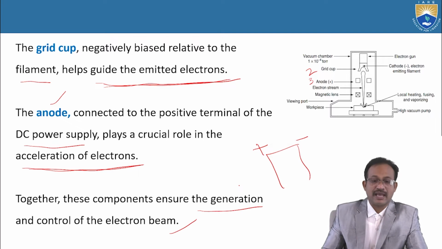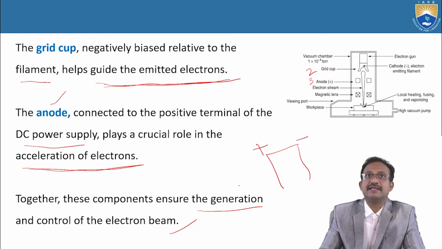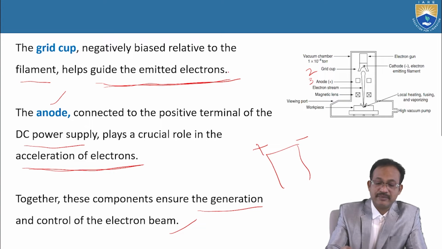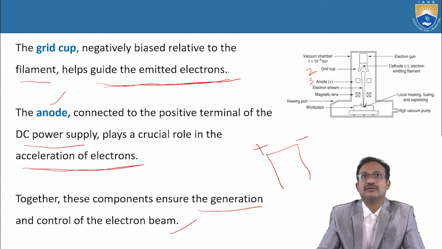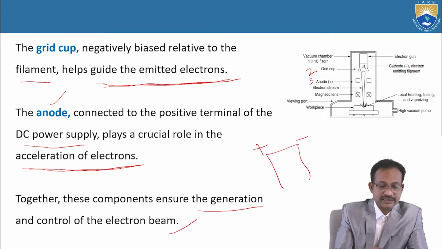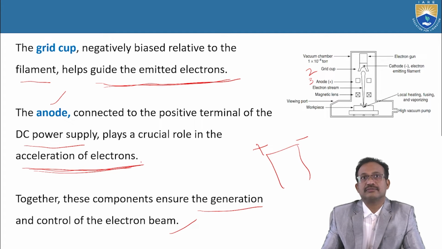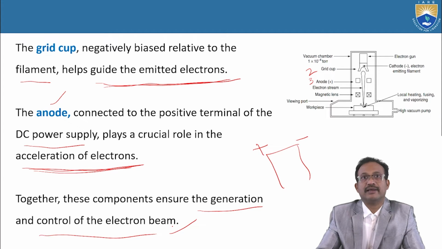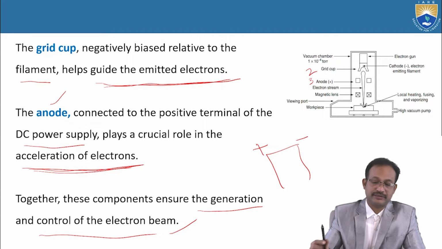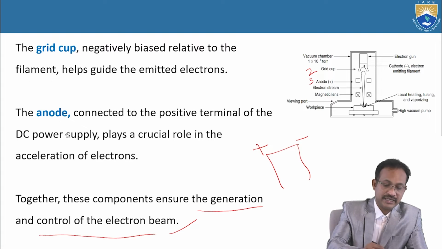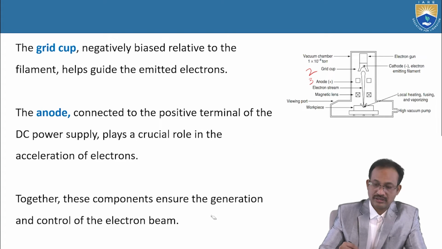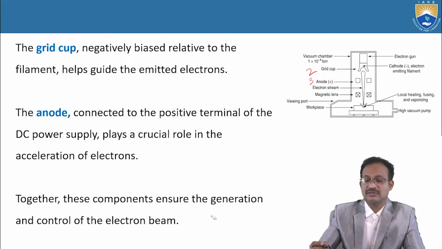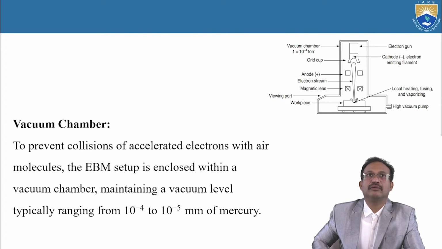The grid cup directs or guides the emitted electrons. The anode accelerates the electrons, which is nothing but control of the electron beam. So these three important components have been covered.